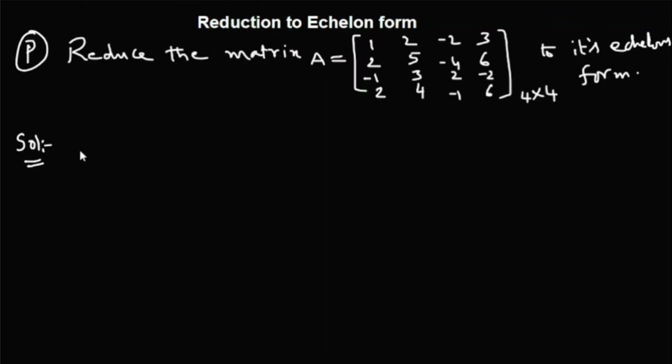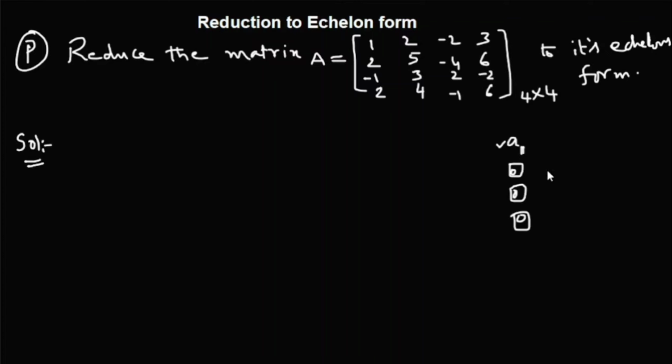Now, what we have to do is, in the first row you have A11. Below A11, you make all the entries 0 using A11.